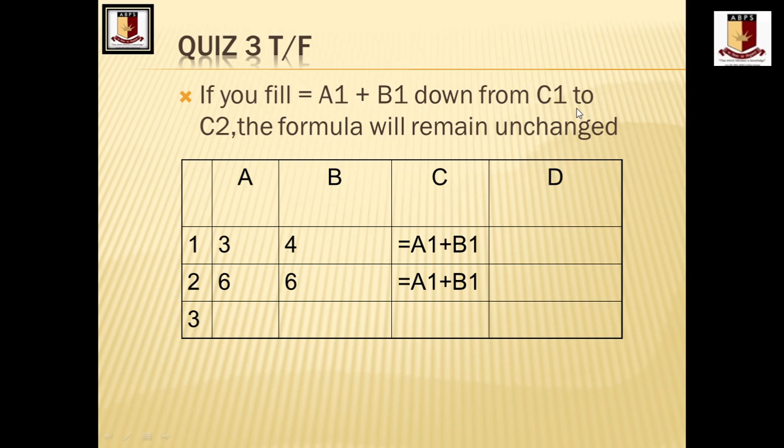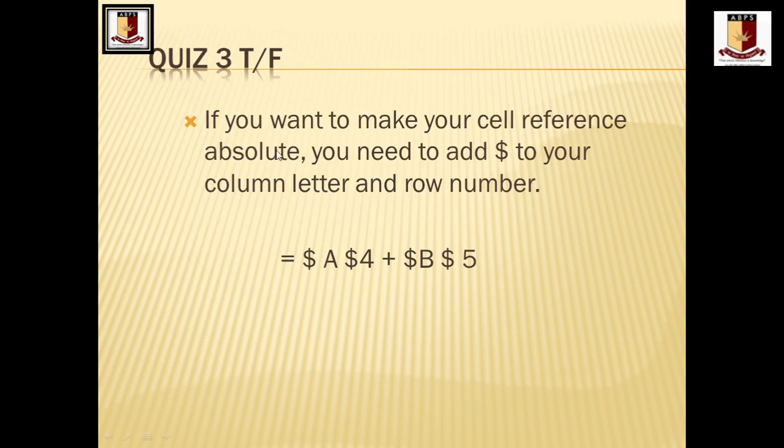Okay, let me give you a clue. The dollar sign is used to fix the cell reference. So there is no dollar sign, which means true or false? Yes, false. Now move to the next. If you want to make your cell reference absolute, you need to add a dollar sign to your column letter and row number. Just as I said. Yes, absolutely right. Of course, no doubt about it.